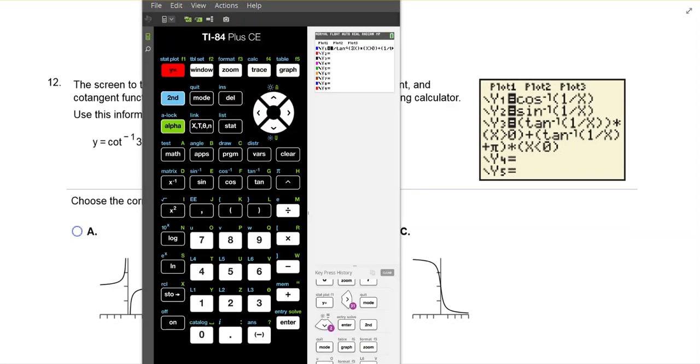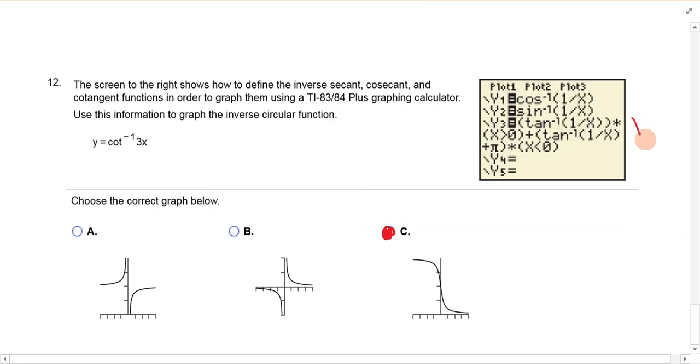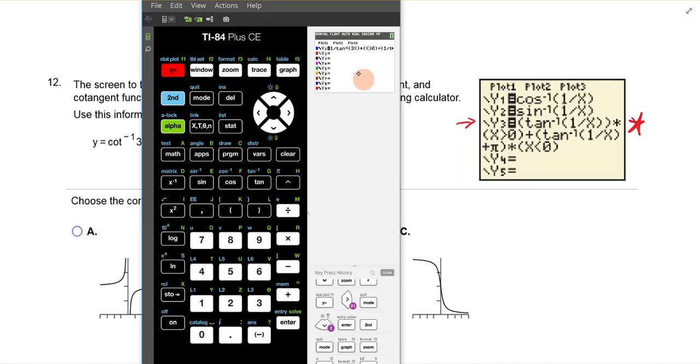If you'll follow this right here, this part is the inverse tan, and so we're going to do 1 divided by inverse tan of 3x, and then we just follow, and we have times, in parentheses, x greater than 0, plus inverse tan of 3x plus pi times x less than 0, to see if we can match this.